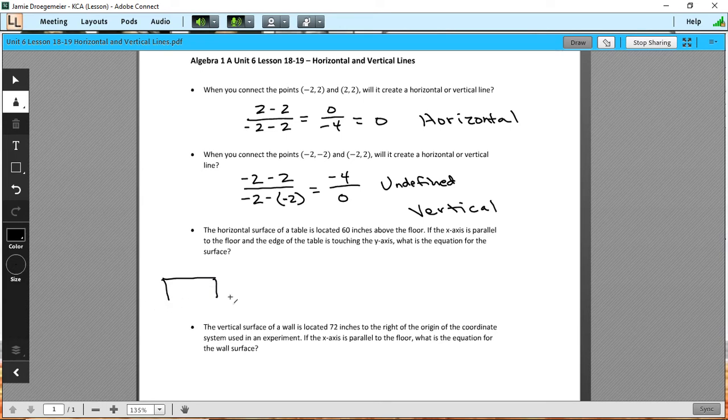All right, so x-axis parallel to the floor. So this is our x-axis. And the edge of the table is touching the y-axis.